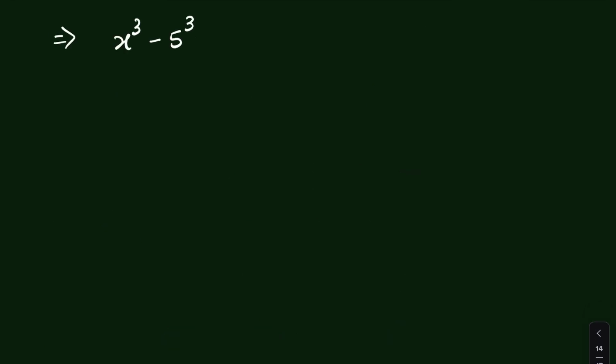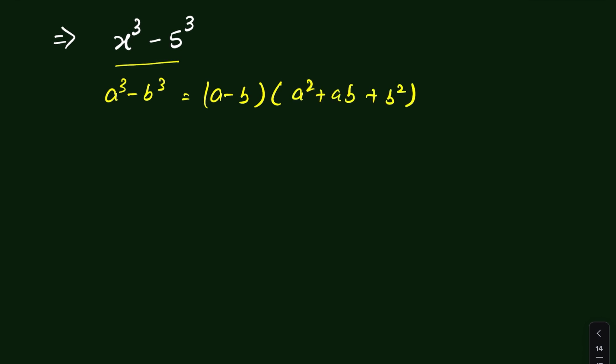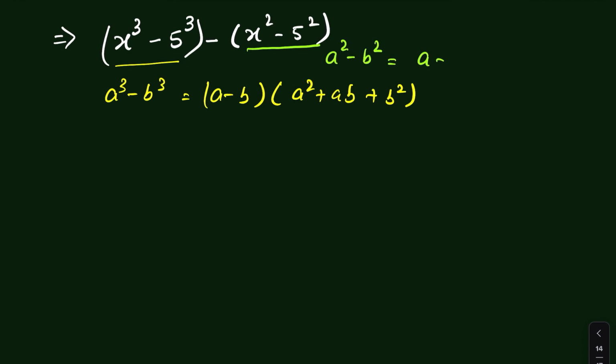Or x cube minus 5 cube, this is in the form of a cube minus b cube, which is equal to a minus b times a square plus ab plus b square. Again we have minus x square minus 5 square inside the bracket. This x square minus 5 square is in the form of difference of squares, a square minus b square, which we can write as a minus b times a plus b.